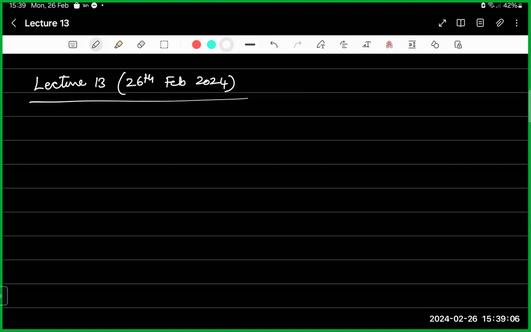So, what topic did we discuss in our last lecture? We discussed policy iteration, and we proved that policy iteration is a contraction mapping, right? So, what is the use of that? What is the use of proving that policy iteration is a contraction mapping?